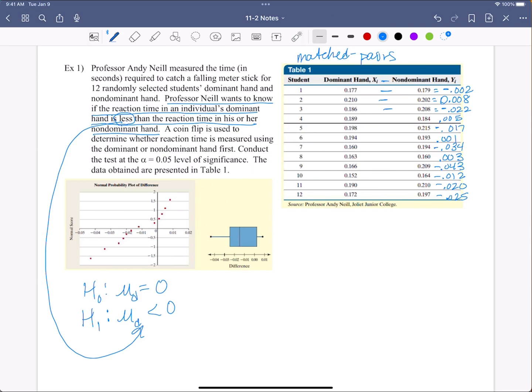So my time will be less is what we're trying to test, to determine if that is actually happening. All right. We are going to use StatCrunch for this. So we have steps to go through in StatCrunch, and I'm going to write those down here so that we can see it. Over here, I'm going to say StatCrunch.